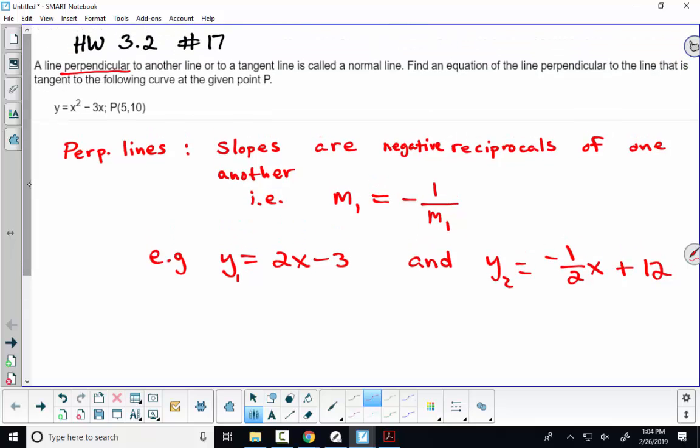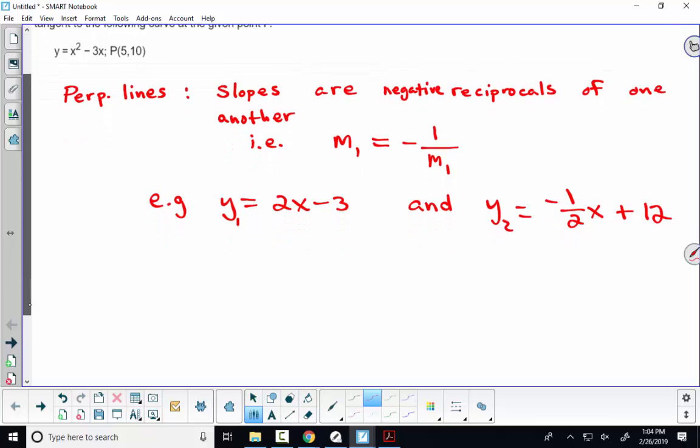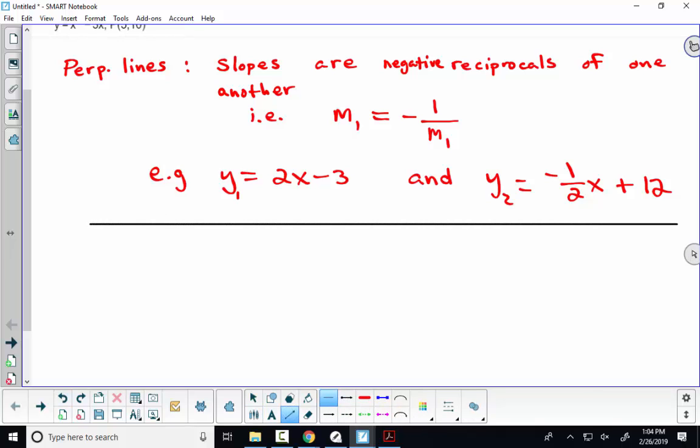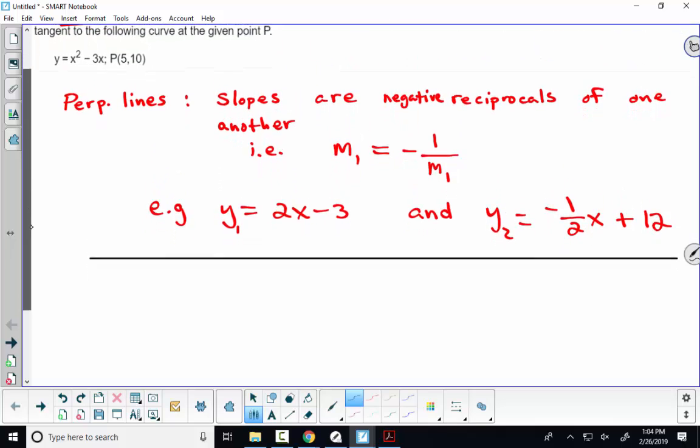So technically we don't have our shortcut methods to take the derivative of that in 3.2. So we need to first find the slope of the tangent line at the point. We're given a point.